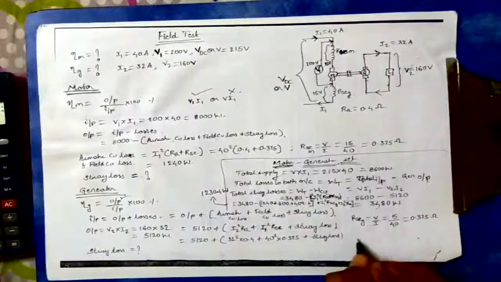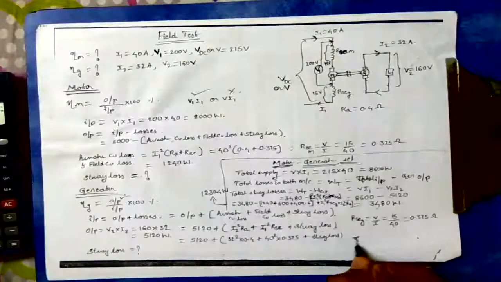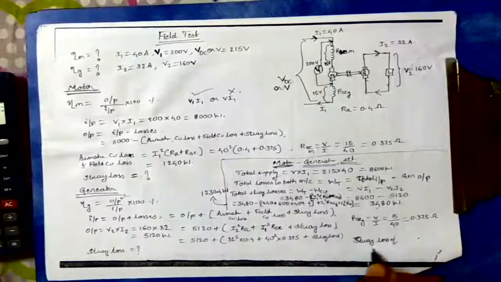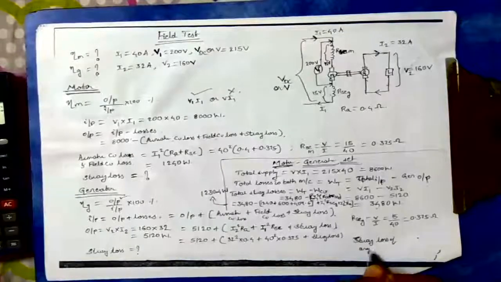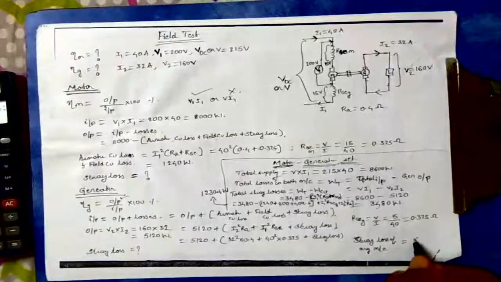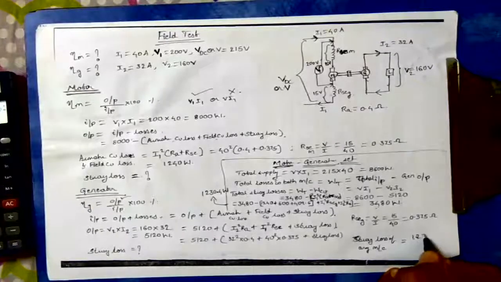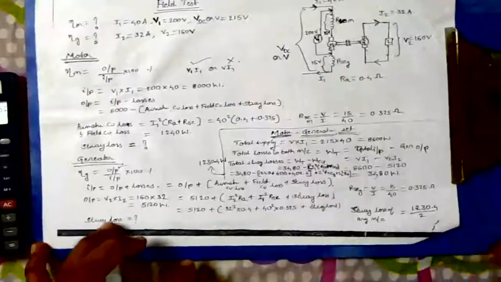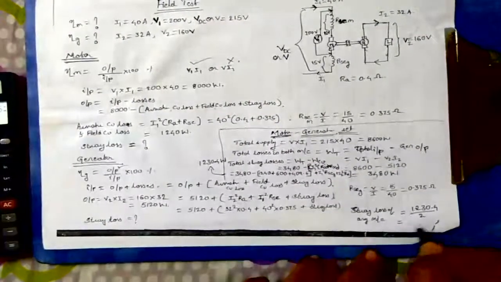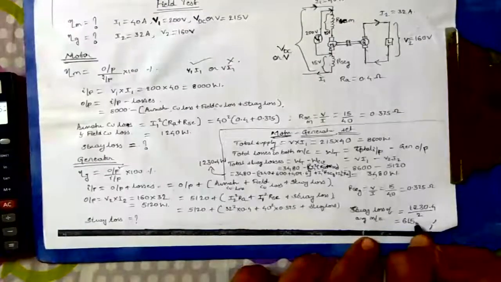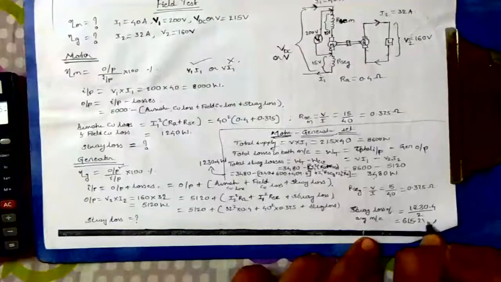So I shall write here, stray loss of any machine, it may be motor or generator, will always be the same. 1230.4 divided by 2 results in 615.2 watts.